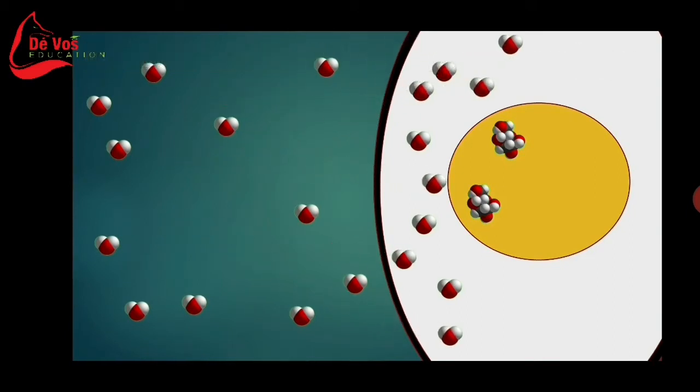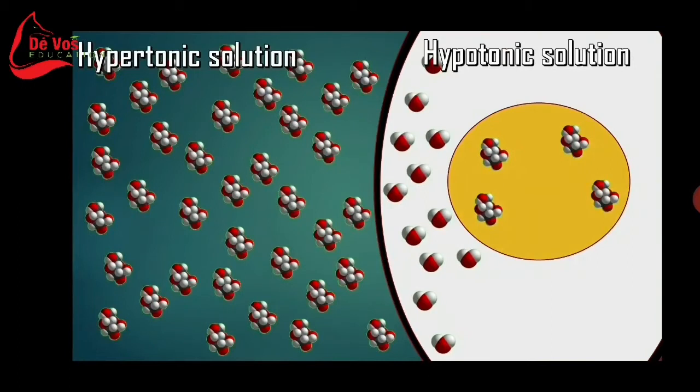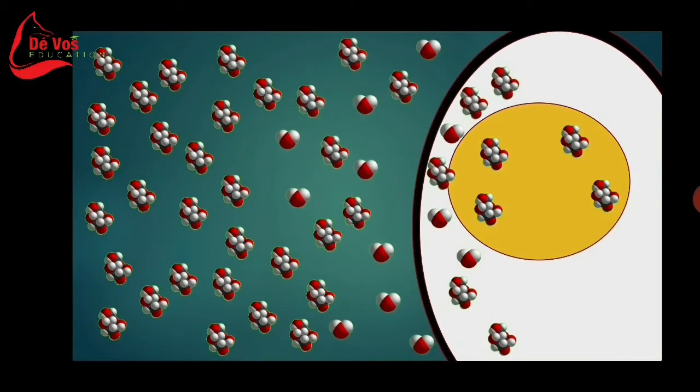And water will therefore move from the hypotonic solution into the egg, causing the egg to swell up and become heavier. In the corn syrup, however, the corn syrup is the hypertonic solution, and the egg becomes the hypotonic solution. This means the syrup will move in and all the water will leave the egg, causing the egg to shrink over a period of time.